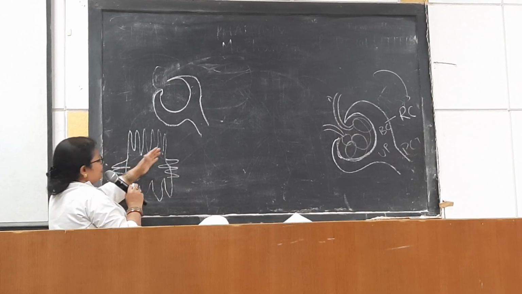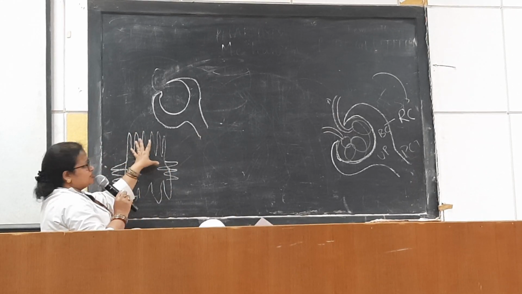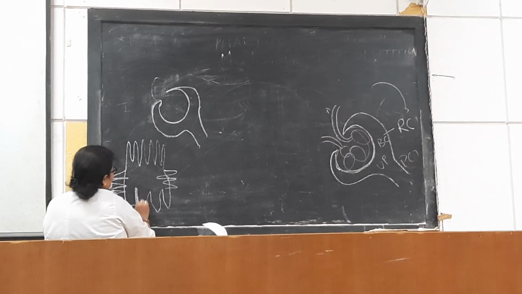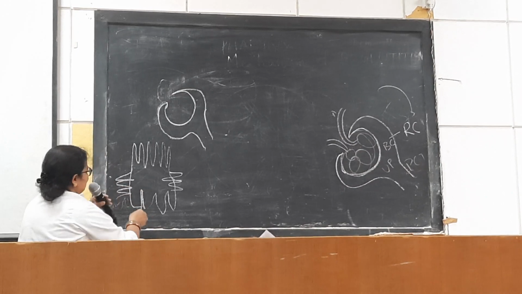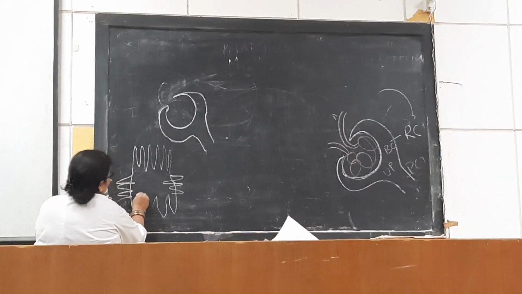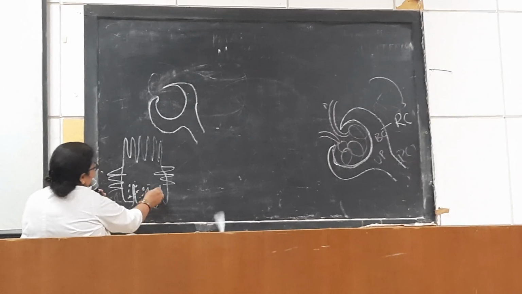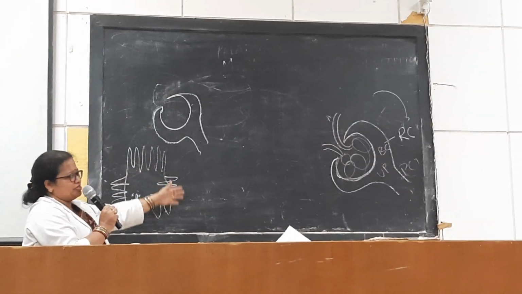So the brush border of the proximal convoluted tubule is due to the presence of microvilli, and on the lateral aspect of these basal striations it has many mitochondria, which help in the transport of ions into the proximal convoluted tubules.